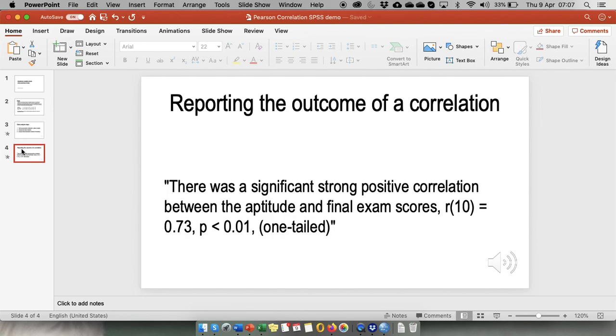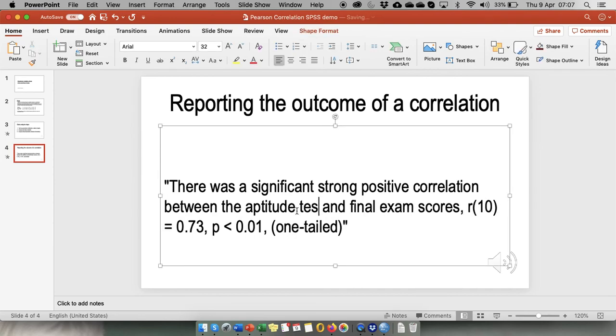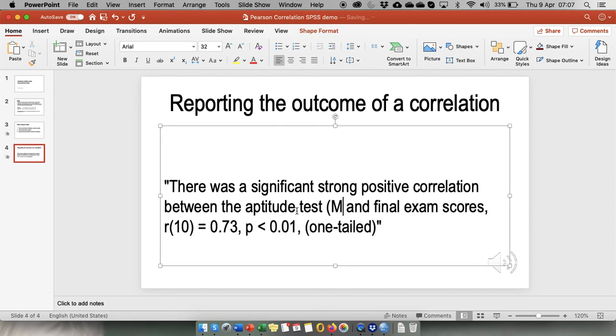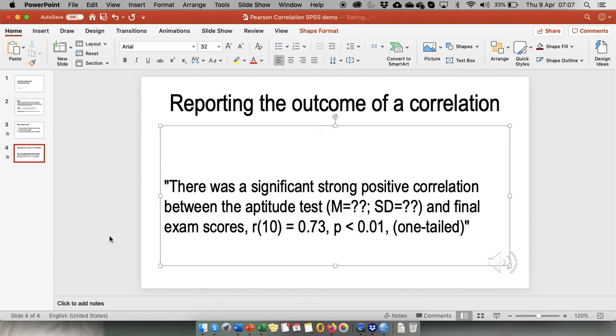So because we computed descriptive statistics and need to report it as part of the outcome, you can put means in here: aptitude test, M equals 15 and SD equals 15, and final exam scores with the same pattern, M equals, SD equals.